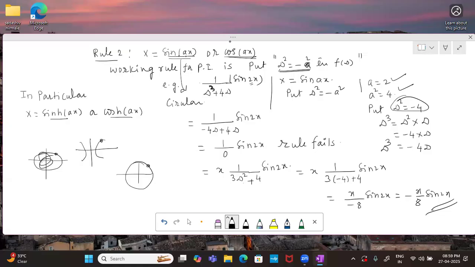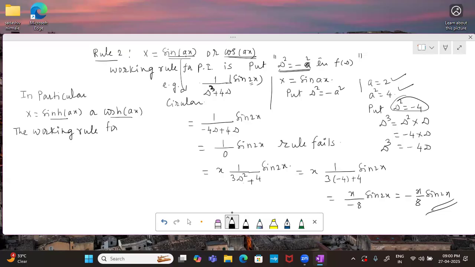But while finding the PI, see, the working rule for PI is put d square equal to a square in f of d.